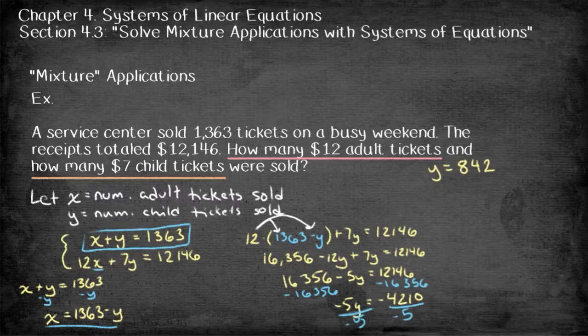And then to figure out how many adult tickets were sold, we just need to take our equation for x and substitute back in our solved value of y. And we get 521 adult tickets. So let's check.